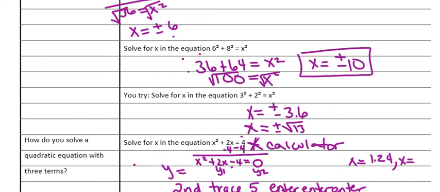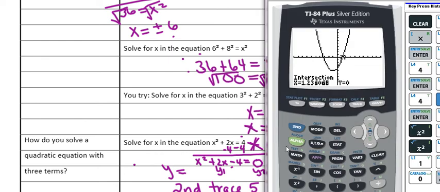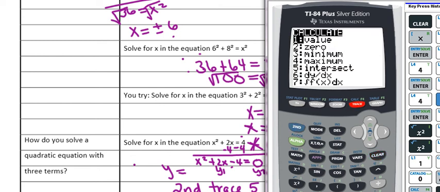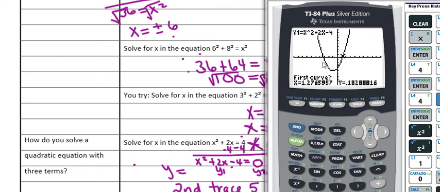Then we have to get our negative value. That's over here. So we press second, trace 5 again, and toggle over to the negative answer, so it's above the x-axis on the negative side. Oops, I think I got a little clicky happy.